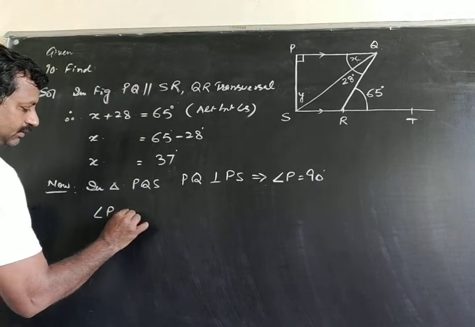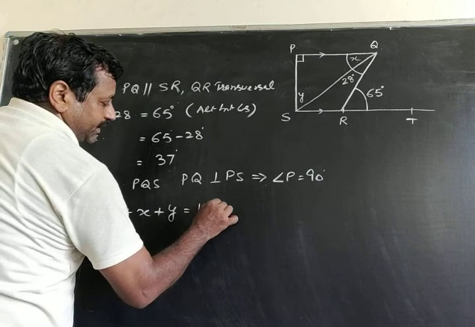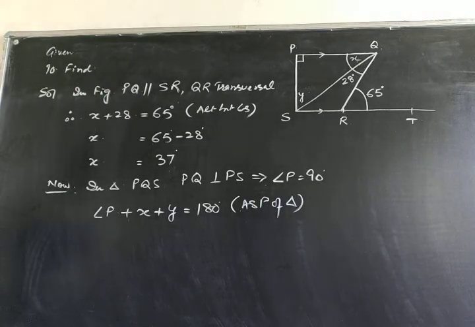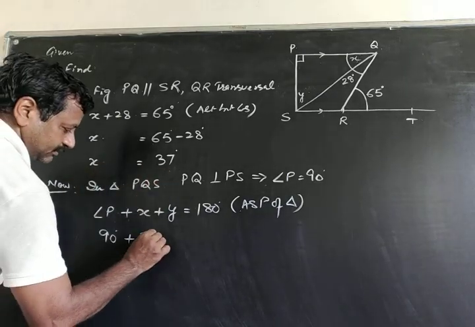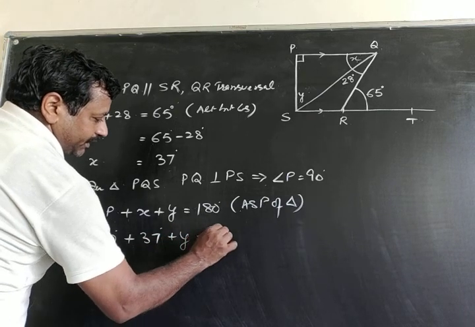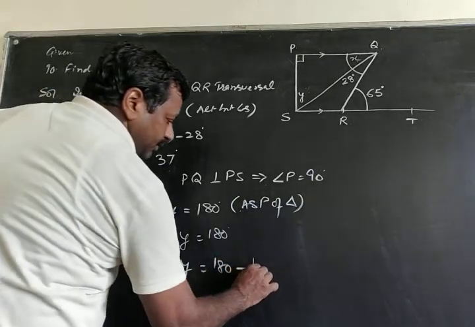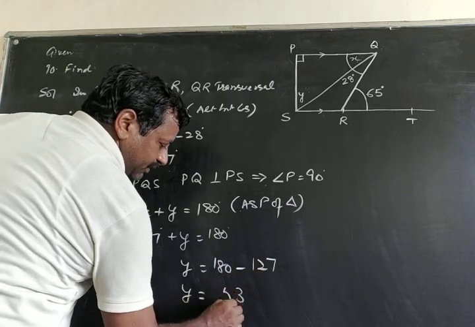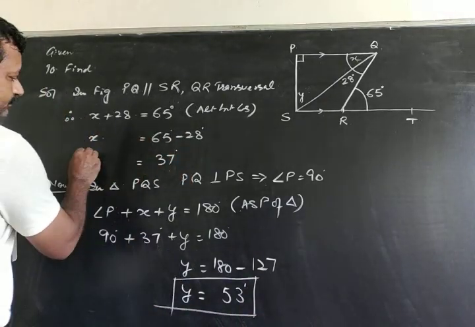Angle P plus X plus Y equals 180 degrees, ASP of triangle. Value of P is 90 degrees, value of X is 37 degrees, plus Y equals 180 degrees. Y equals 180 minus 127, Y equals 53 degrees. So this is the value of X and Y.